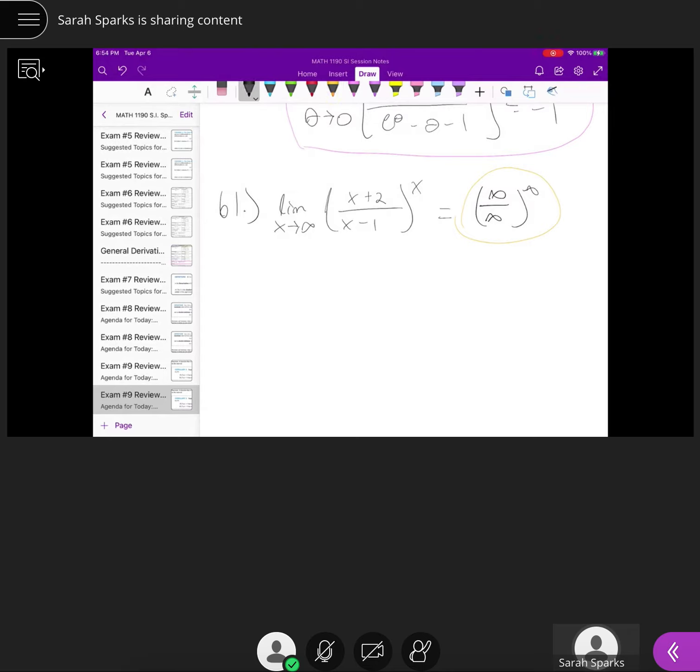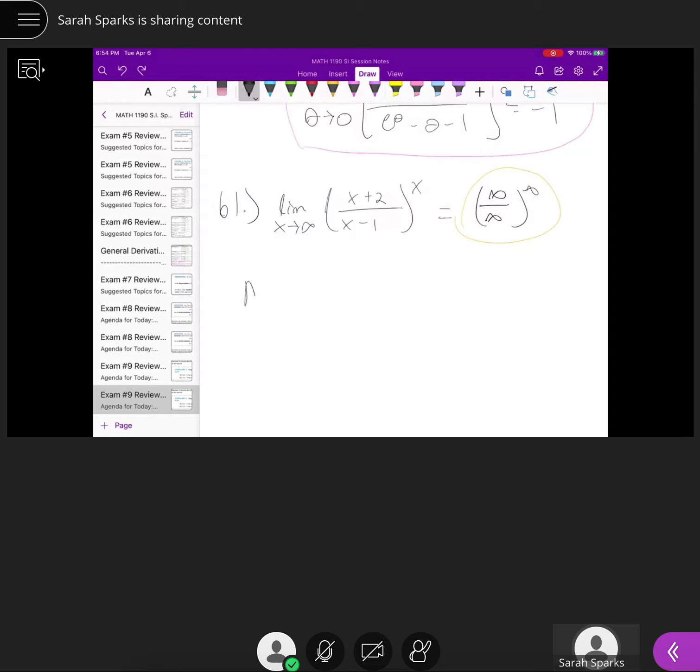All right. So for this one, we are going to have to use our logarithms, because we see we have this x in the exponent and then we have x's inside, right? That's kind of a key indicator that we're probably going to have to wrap everything in natural logs.